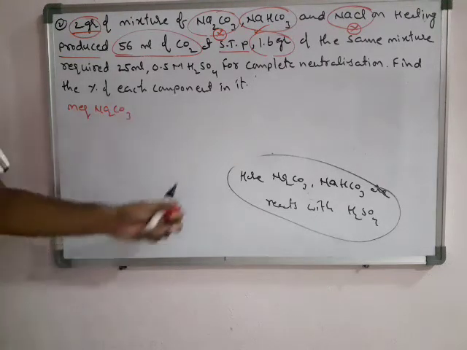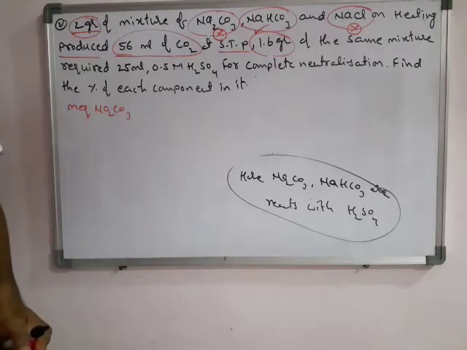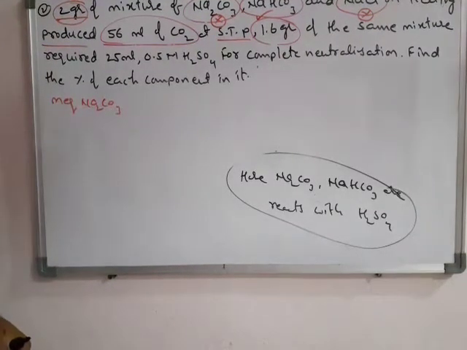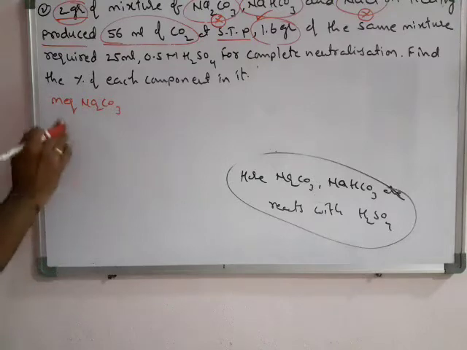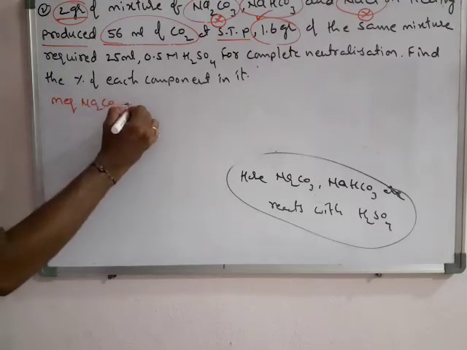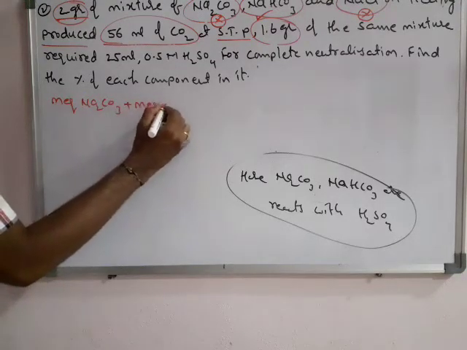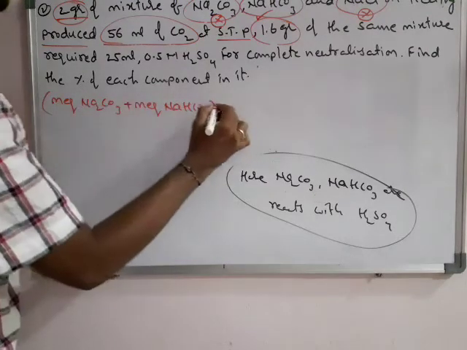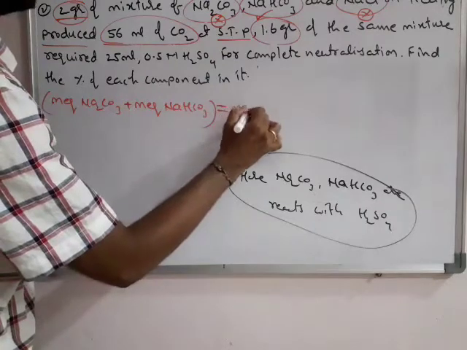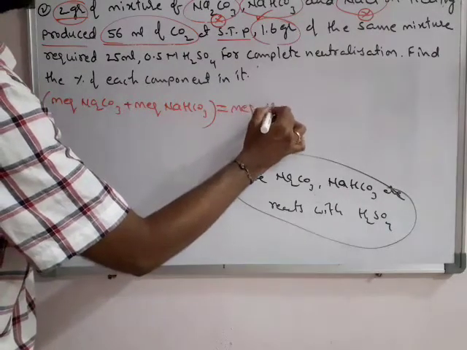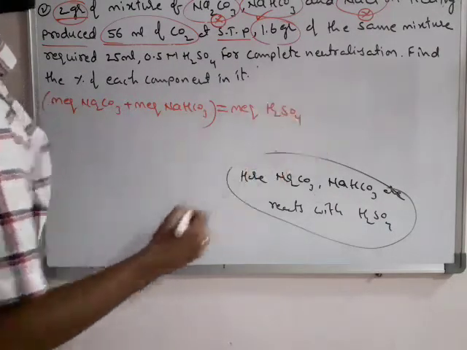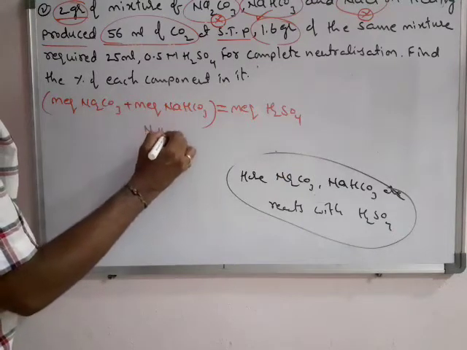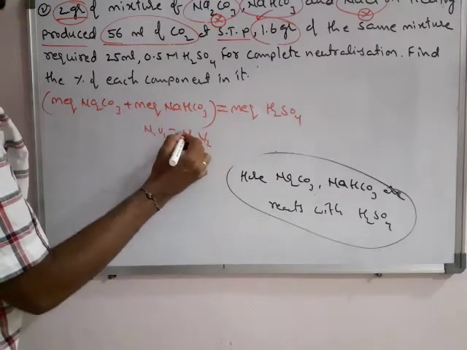Here the weights of these compounds are not given, but it is given 0.5 M and 25 milliliters. Milli equivalents of Na2CO3 plus milli equivalents of NaHCO3 are equal to milli equivalents of H2SO4. N1V1 equals N2V2.